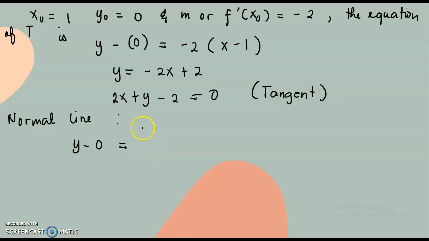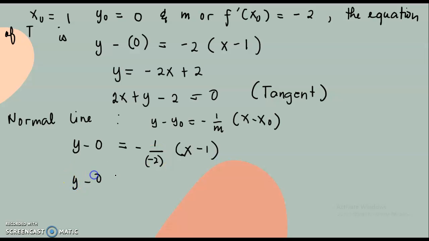Remember the formula: y minus y sub 0 is equal to negative 1 over m times (x minus x sub 0). We have negative 1 over negative 2 times (x minus 1), so y minus 0 equals positive 1 half times (x minus 1).